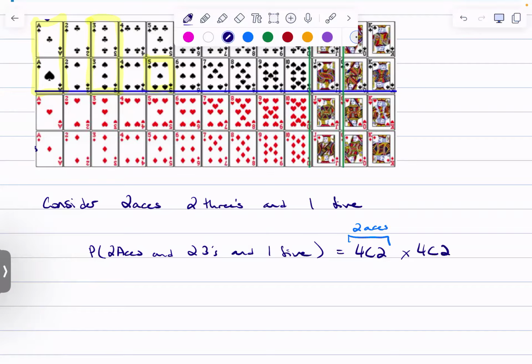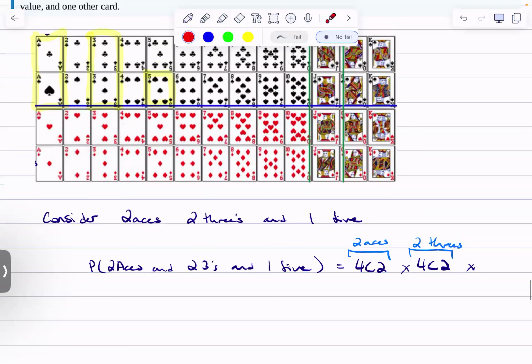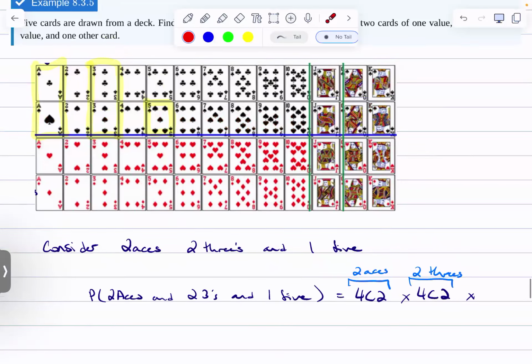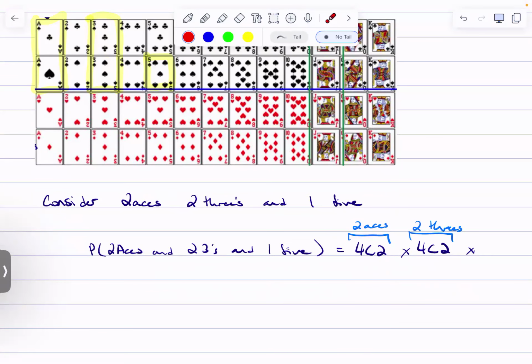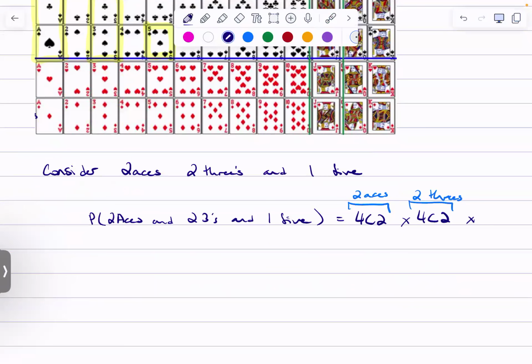So 4 choose 2. This is my 2 3s. And from the last card, this card is from all the remaining 52 minus, I can't draw an ace and I can't draw a 3, right? And so 52 minus 4 is 44. Choose 1.